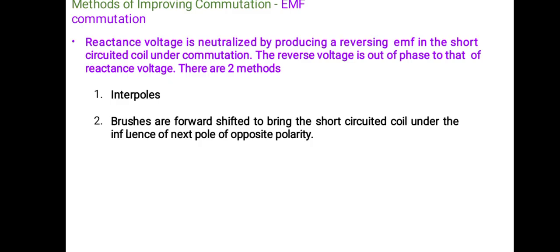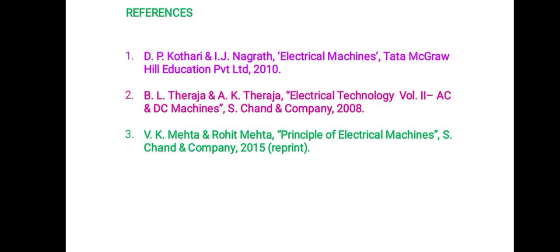The reverse voltage is out of phase with the reactance voltage, so we have interpoles for producing that reverse voltage. Also, the brushes are shifted forward to bring the short circuited coil under the influence of the next pole of opposite polarity. By doing this also we can neutralize the reactance voltage.